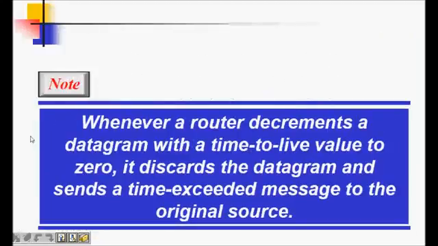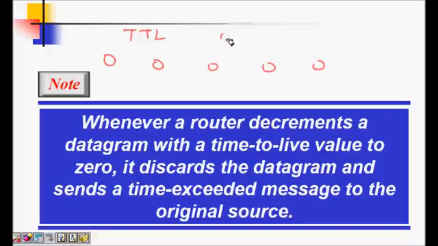So this time we will look at time limit exceeding. What happens in this case? To understand time exceeded, we should note the time to live field in an IP header. Because of many things, routes can become infinite.